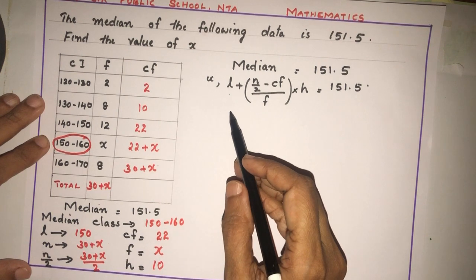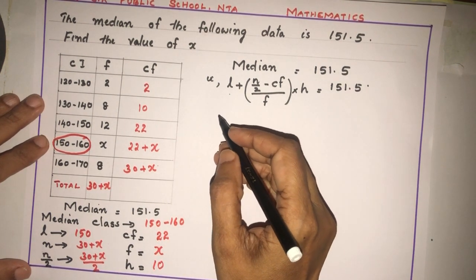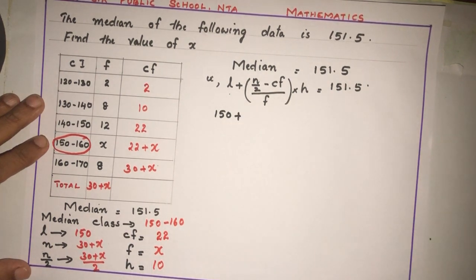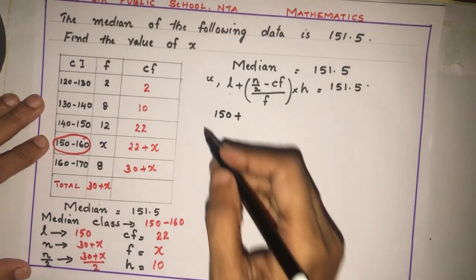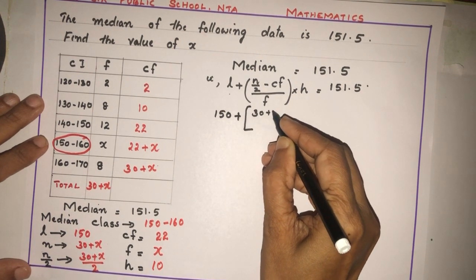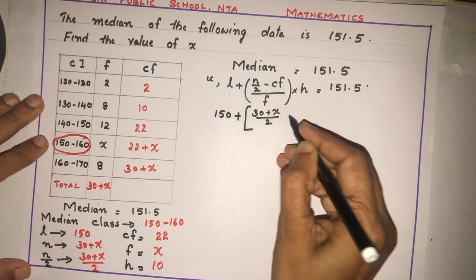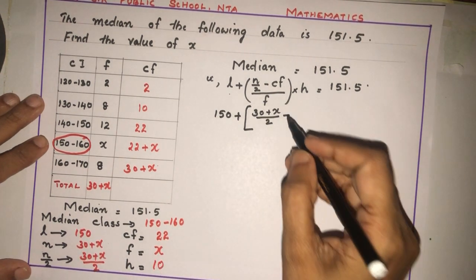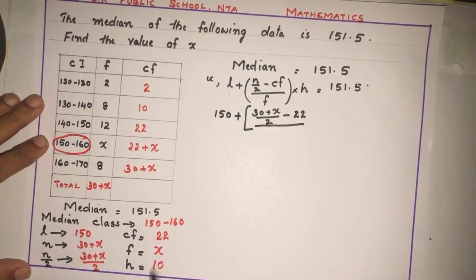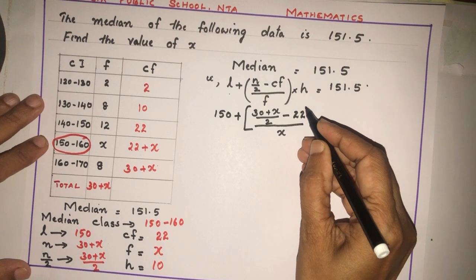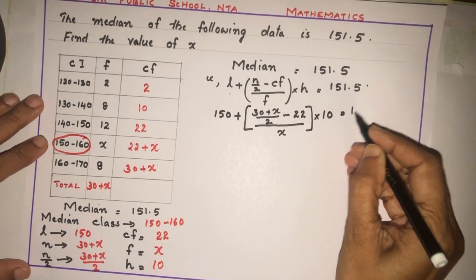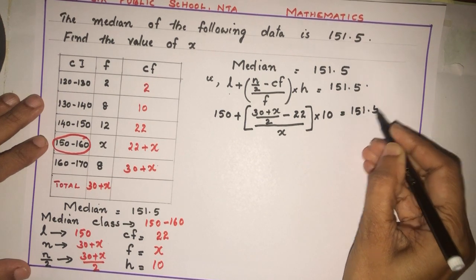Now we are going to substitute the known values. Lower limit L is 150 plus n by 2, it is (30 plus x) the whole by 2. Okay. So (30 plus x) by 2 minus CF, which is 22, the whole by what is our f, x, into h, which is 10, equal to 151.5.